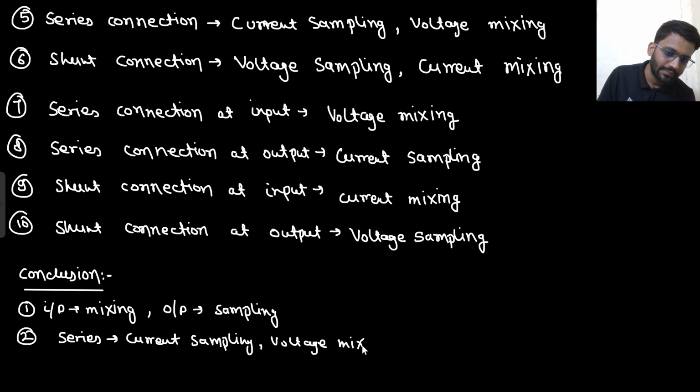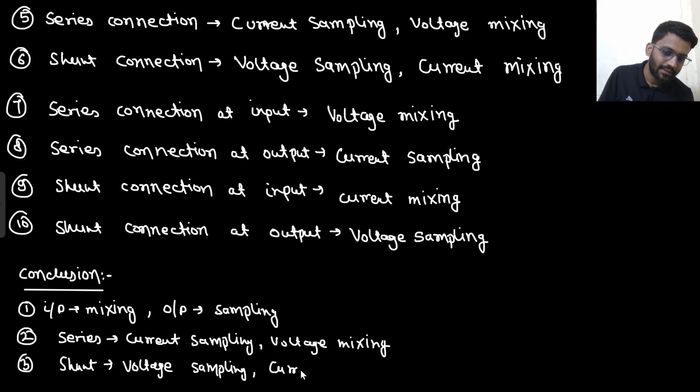And if I talk about shunt connection, in shunt, what is the same? Voltage is the same. So voltage sampling and current mixing. That's it. Only these are the points which you have studied till now.